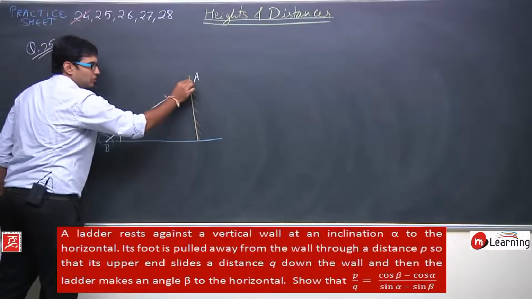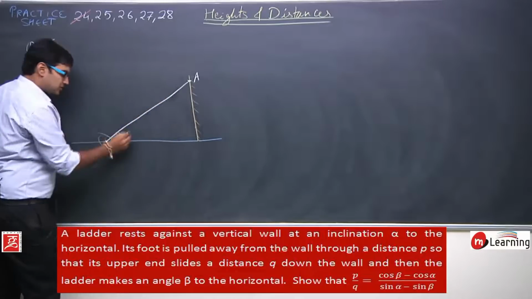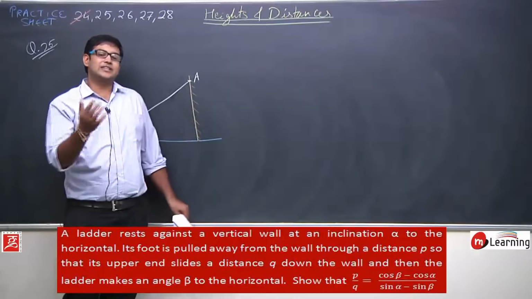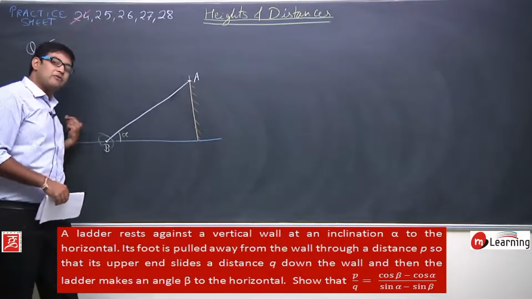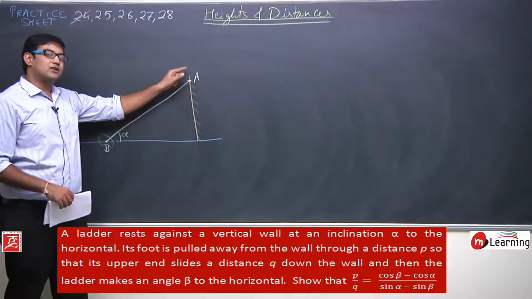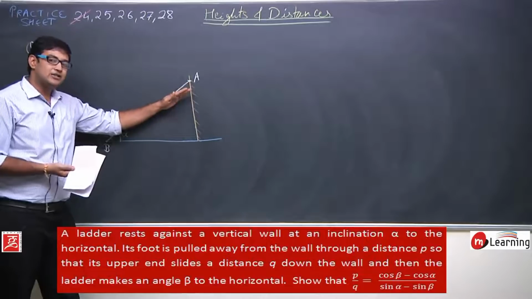The top of this ladder, or the head of this ladder, will come down, it will slide down, because the length of the ladder is fixed. That's why if I pull this foot away from the wall, the top will automatically come down. So if this is the ladder, it will shift like this.